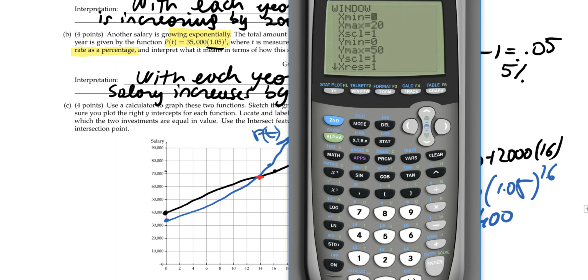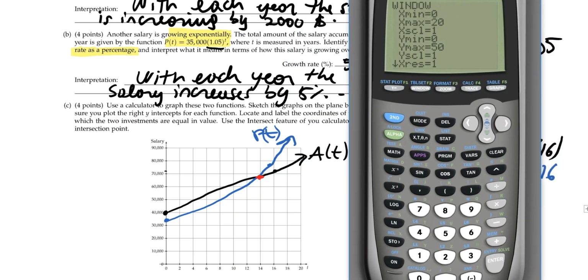And now let's pick the window the same as this graph. So the x goes from 0 to 20, and then the y goes from 0 to 90,000. And then in the graph, you see the line, that's A of t, and then P of t is the exponential growth. To get the intersection point, we go to second calc, and we pick intersect.